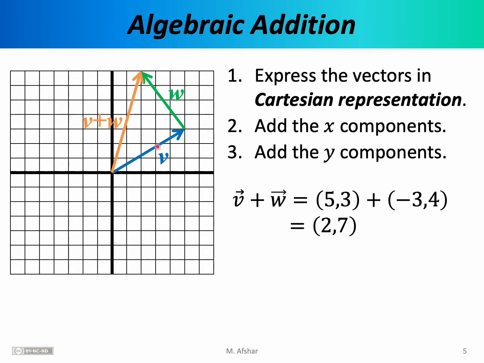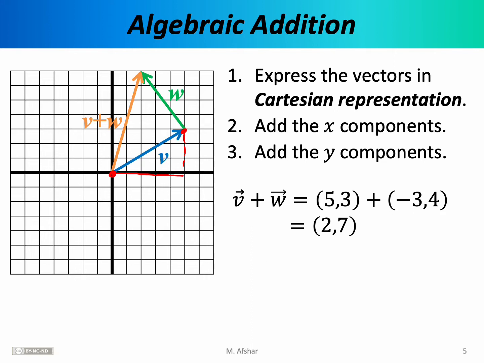Here are the same two vectors that we were talking about a couple of slides ago. As you can see from the graph, vector v has coordinates 5, 3. These are the Cartesian components of this vector, which means in order to get from this point to this point on vector v, I must go 1, 2, 3, 4, 5 steps in the x direction and 3 steps in the y direction, hence 5, 3.